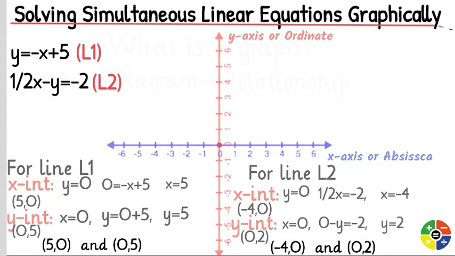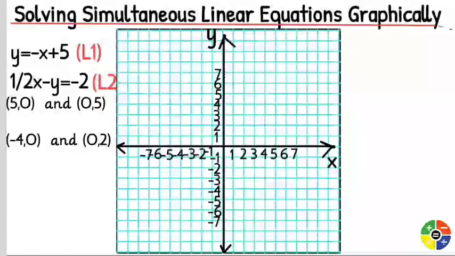We can now proceed and draw the graphs using the grids below. For line L1, we plot the points (5, 0) and (0, 5), which are the x and y intercepts respectively. Now we link up these points with a straight line, and we are going to obtain this line.